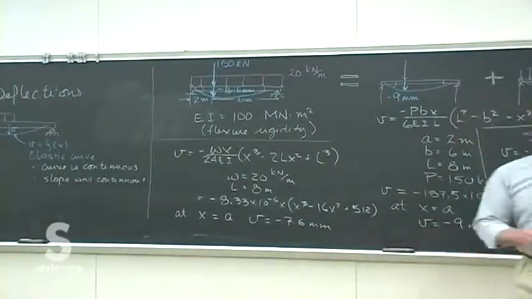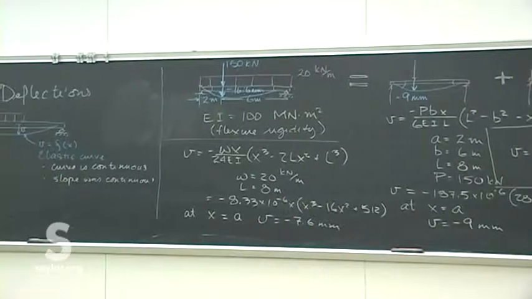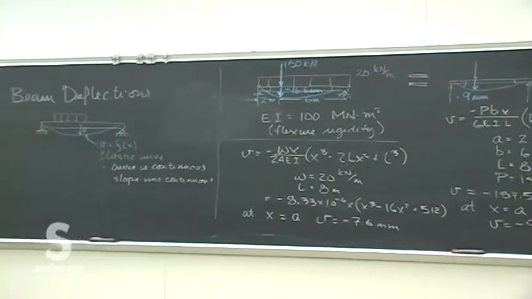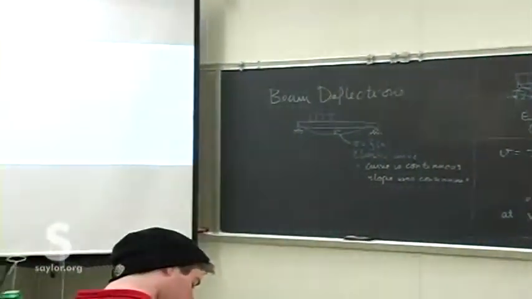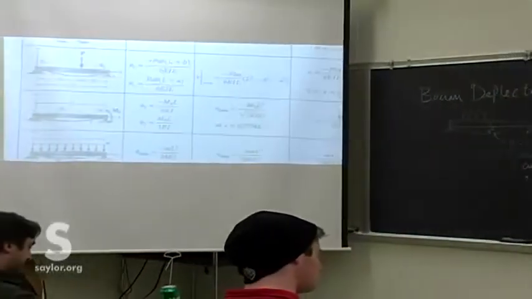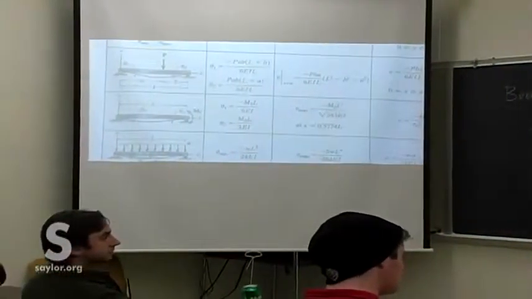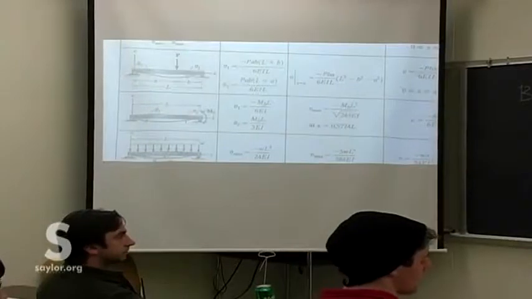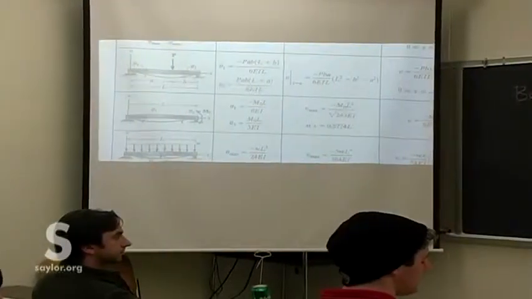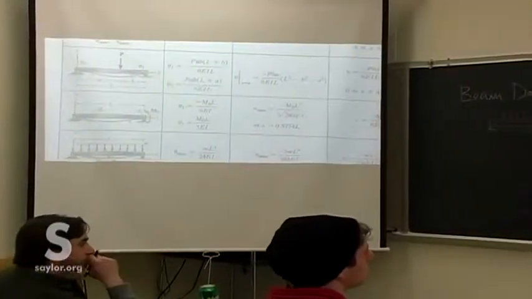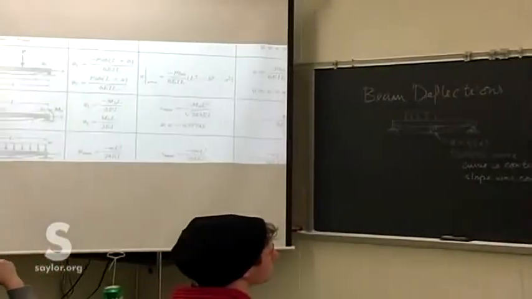Just for your own interest, you can notice that you'll get this very same 9 millimeters if you do it from the other end of the beam, where A now is 6, B is 2, L is still 8.